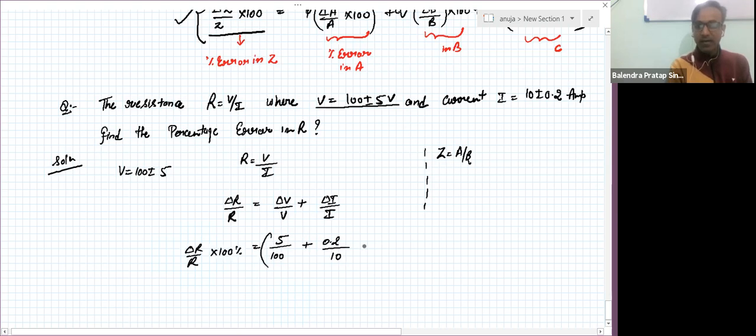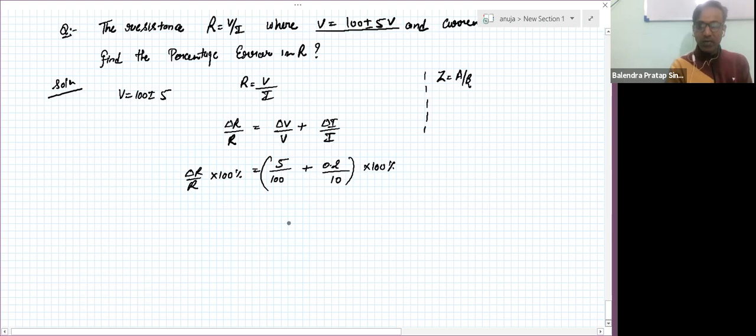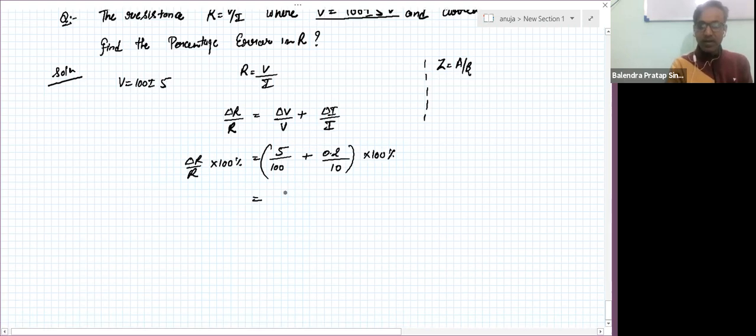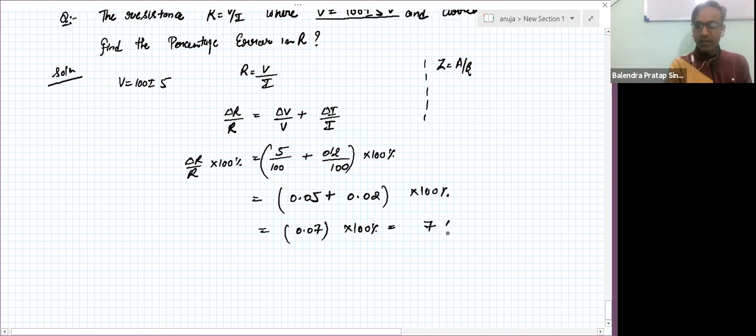Here let's find the value: 5 upon 100 is 0.05, plus 0.2 upon 10 is 0.02, into 100%, and the value is like 0.07 into 100%, and the value is 7%.